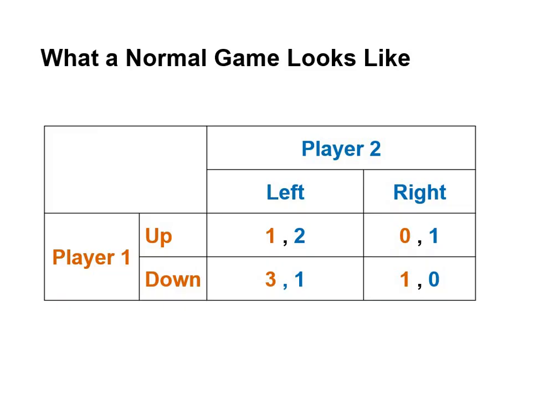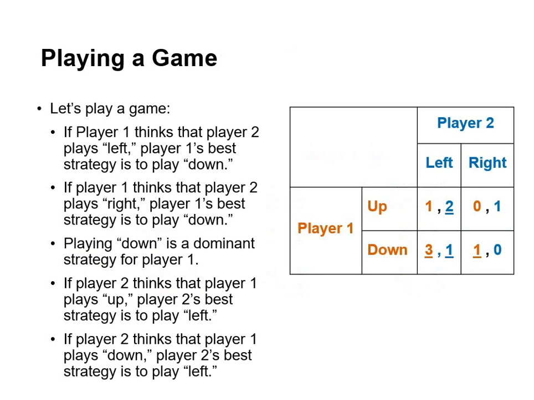And we see the payoffs depending on different outcomes of strategies pursued. So if player 1 plays down while player 2 plays right, player 1 would get 1 and player 2 would get 0.